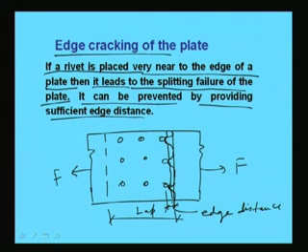Generally, if we follow the guidelines of the codal provisions, then this failure can be prevented. However, if the load is very high and we have to keep the number of rivets very high with a certain lap distance, then the edge distance becomes very less.